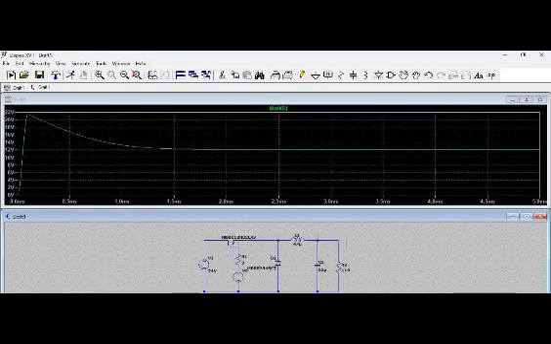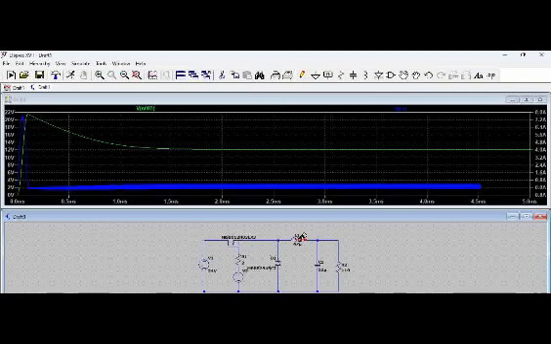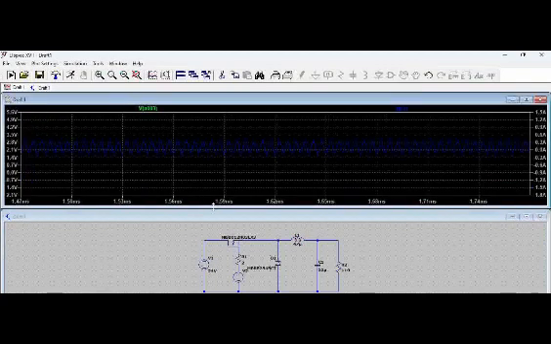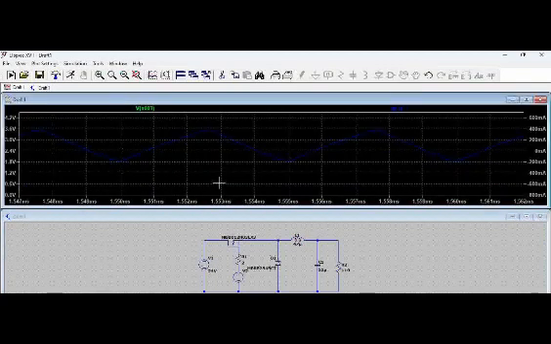And when you probe, you can see here the output voltage has jumped up, but you can see it has almost settled at 12 volts. Now when you probe the inductor current, you can see that the inductor current is varying between minus 200 to 200.